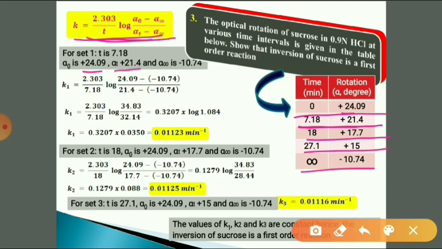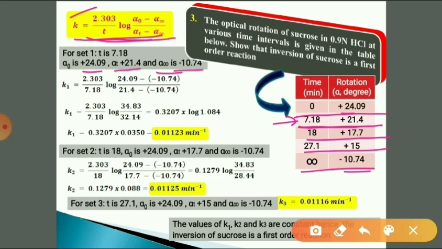The alpha t value at time 7.18 minutes, the angle of rotation, is plus 21.4, and the value of alpha infinity is minus 10.74. Now just put the values of these variables in the above equation, so we'll get the value of k1 for set 1.